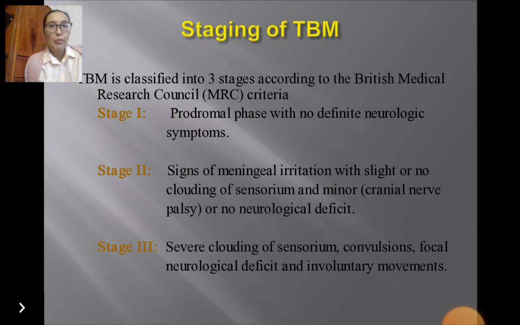Stage 1 is the prodromal phase with no definite neurological symptoms. Stage 2 has signs of meningeal irritation with slight or no clouding of sensorium and minor neurological deficit. And stage 3 has severe clouding of sensorium, convulsions, focal neurological deficit, and involuntary movements.